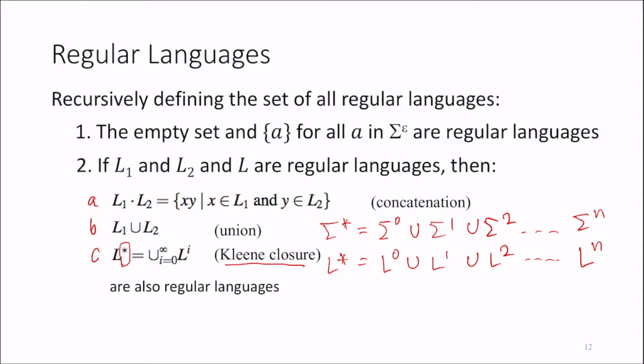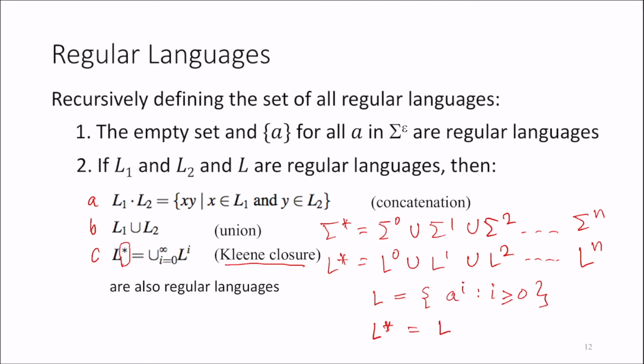That's the only difference. So for example, if I had a language L, a regular language, which I can define as A to the I, where I is greater than 0. Actually, let me make this I greater than or equal to 0 so that it also includes the empty string. This contains A's of length 0, 1, 2, 3, 4. So you can see that L star is going to be equal to L in this case, right?